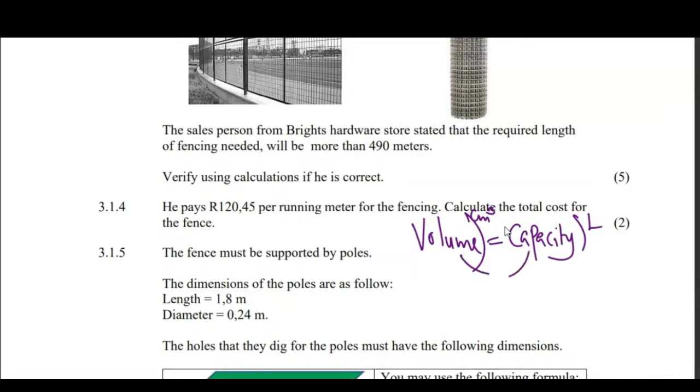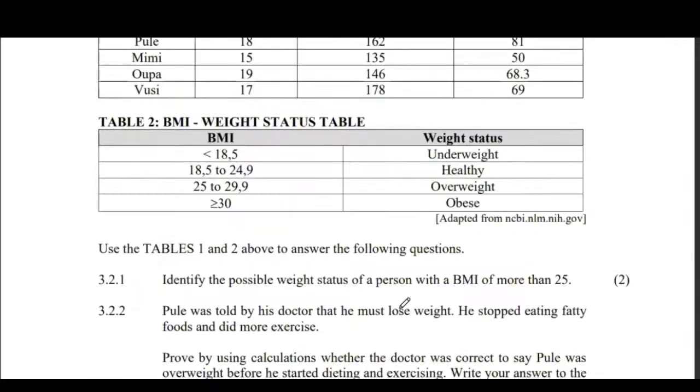Volume, space taken up by a given object, whereas capacity is how much an object can contain. How much can it hold? Together, that's the capacity. Volume, how much space does it take? When I put it in a certain corner, how much space does it take? Both upwards and downwards. You understand? That is the volume. Okay.